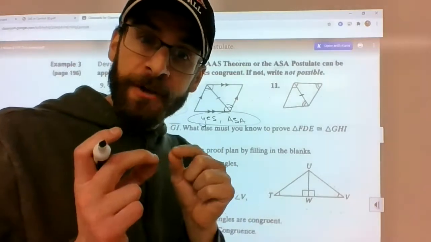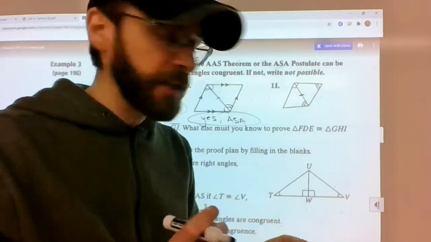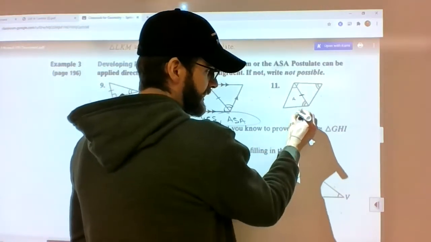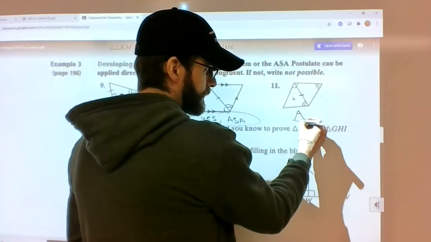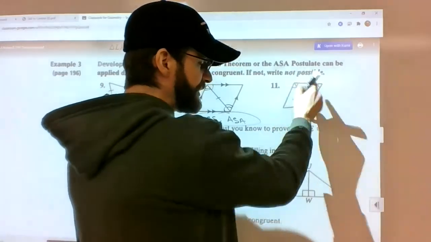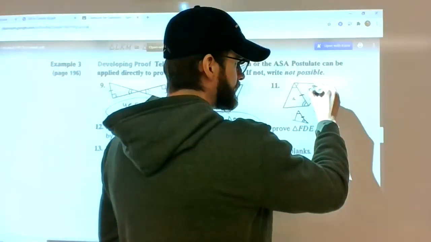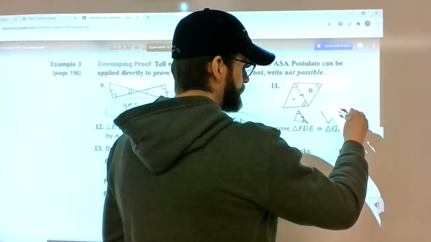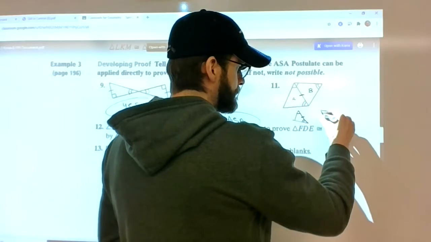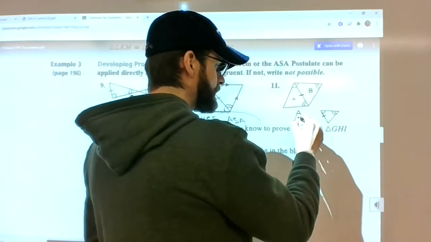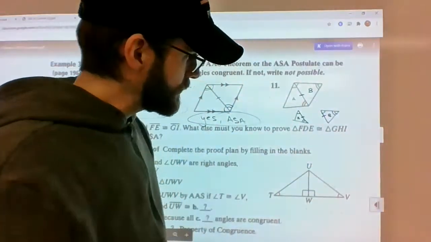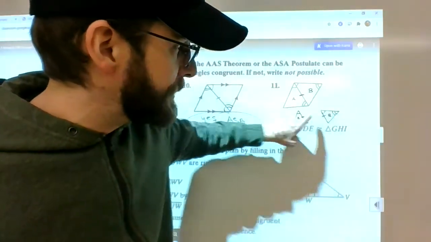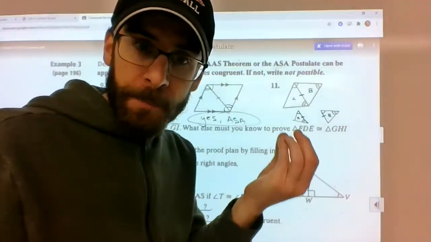Here's what happens if I redraw them each individually on their own. So let's say that this is triangle A, and I draw it down here. And this is triangle B. And I draw it over here. The side that is congruent is not shared between the congruent pairs.